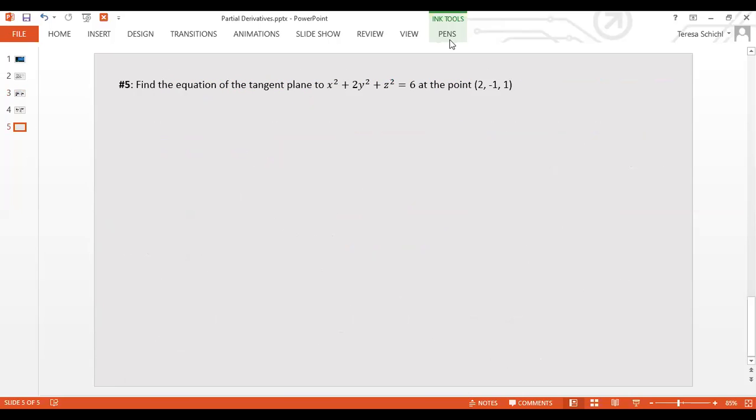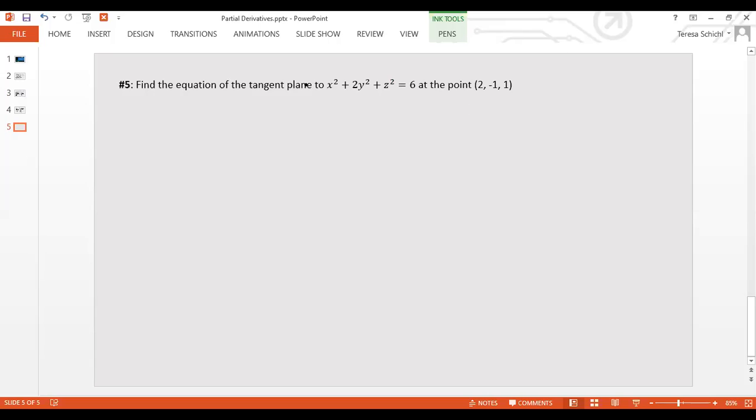The last problem here is, they said, find the equation of the tangent plane at the point (2, -1, 1). So I know in order to get the tangent plane, we need the partial for x and the partial for y.